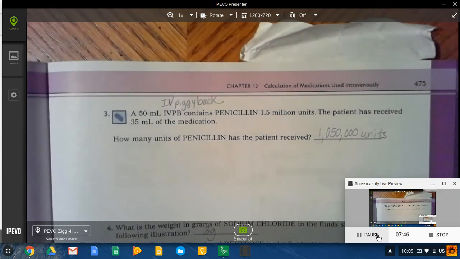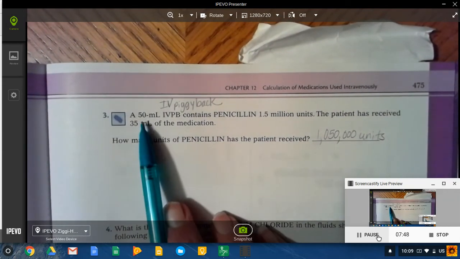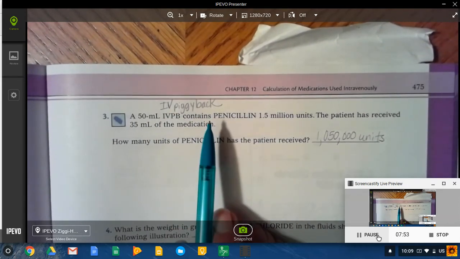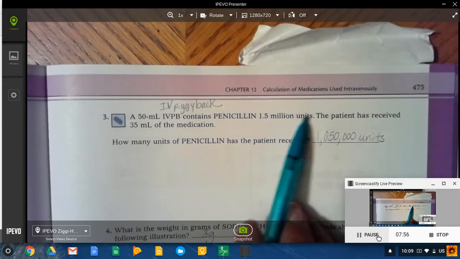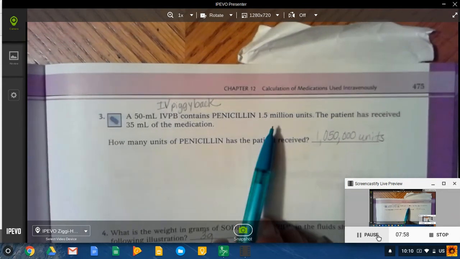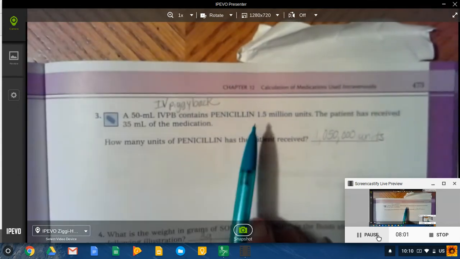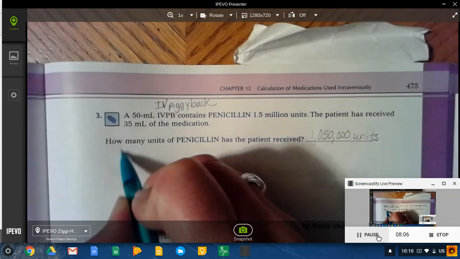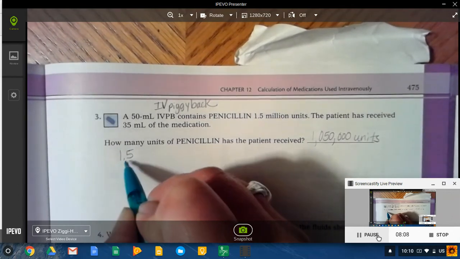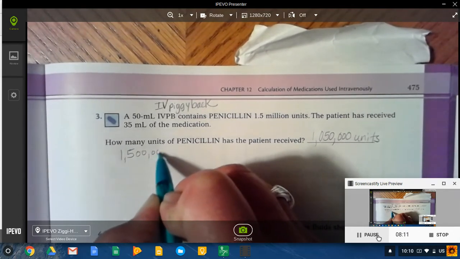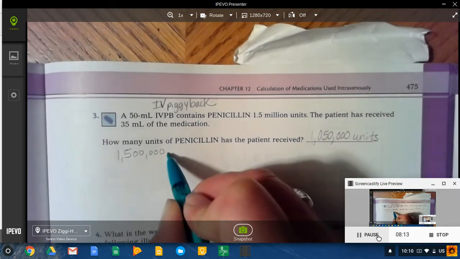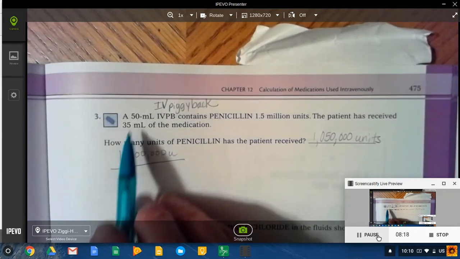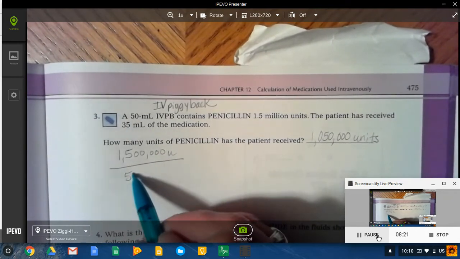I'll skip over to number 3 and show you that this one, they're asking for a 50 milliliter IV piggyback, IVPB, IV piggyback, and it contains penicillin 1.5 million units. And your patient has gotten 35 milliliters of the medication. So with that, we have 1,500,000 units in a 50 milliliter bag.